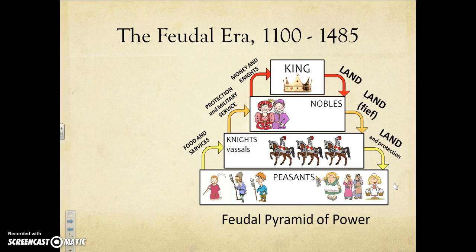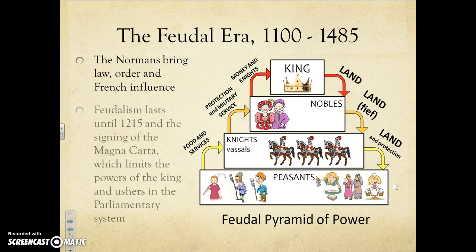When we eventually get to the Canterbury Tales, you'll need to recall much of what you already know about the feudal era. Of course, in this graphic, you see the king up top, you see the nobles and the knights in service of the king, and the peasants, who were the majority of the people, doing all of the service to those upper classes. The Normans, the ones from France, really brought this structure from France over to England.